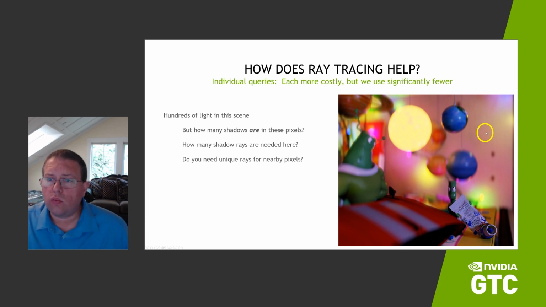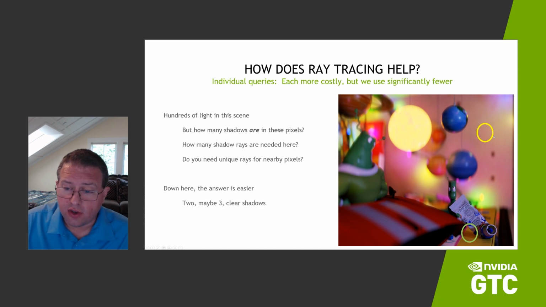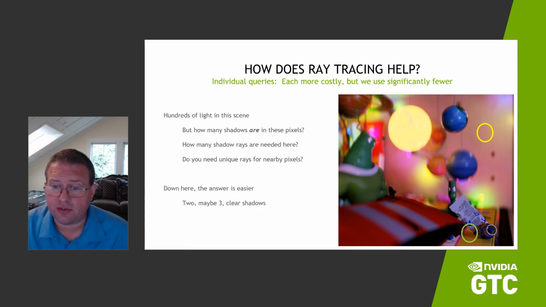And so it's interesting to think about here: how many shadow rays do you actually need here? It's clearly not hundreds, and it's not even clear you need any. But if you do need some, do they need to be unique from this central pixel to the nearby ones, or can you reuse a lot of work? Now, if you look in a different region like down here, the answer is a little bit clearer. There's 2, maybe 3 unique shadows, maybe 4, depending on how you squint.